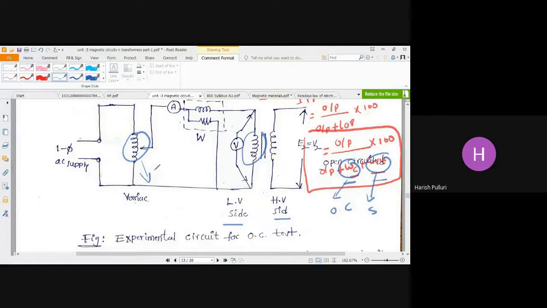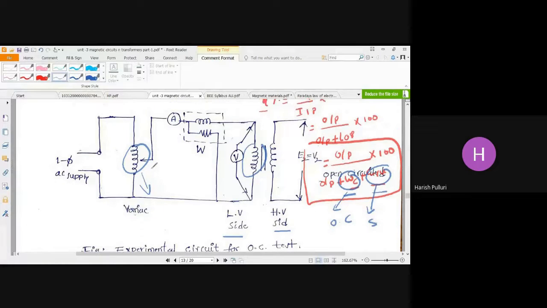You already did the experiment in the lab, so you have a little idea now. By varying this auto transformer, I will apply the rated voltage to this low voltage side. What is the rated voltage? Generally 110 volts by 220. This is the transformer we took in the lab. For a 110 by 220 volts transformer, the rated voltage on the primary side is 110 and on the secondary side is 220. So by varying this auto transformer, I will apply the rated voltage of 110 volts to this side.